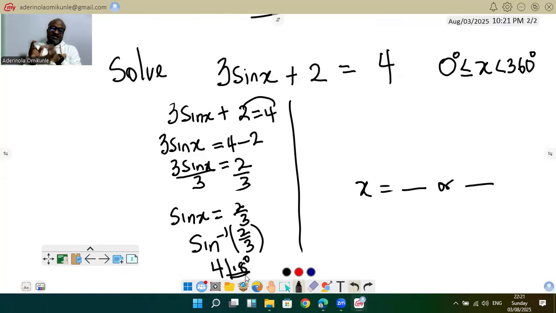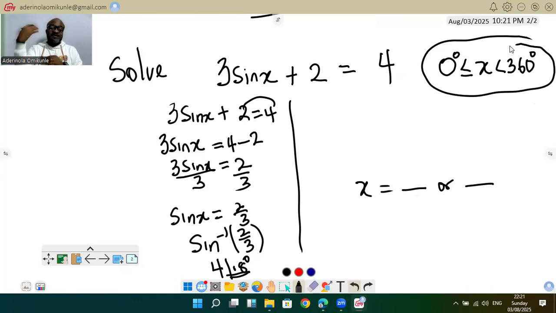But like I said, the answer space has 2 values. Again, let me be clear: the answer space may have only one space, but you're still to get 2 angles if your range is between 0 and 360.